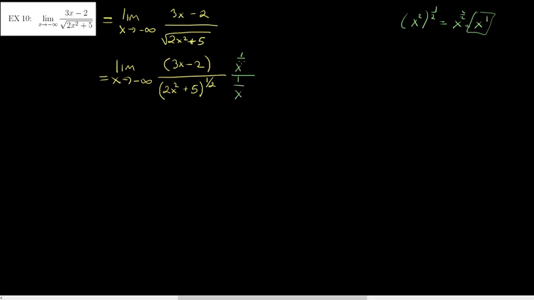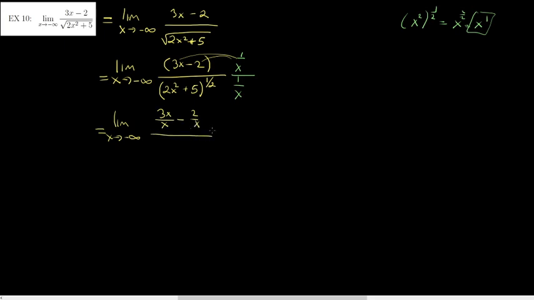Okay, so same trick that we did earlier, but now we can do the same thing here. We're going to distribute the 1 over x, like this. So we get 3x over x minus 2 over x.